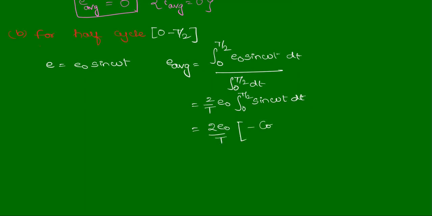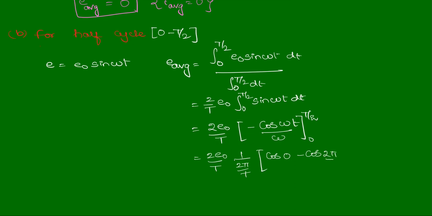It will be minus cos omega t by omega within the limits 0 to T by 2, so that it will be 2 E naught by T into 1 by omega, which is nothing but 2 pi by T. As the minus sign is there, first I will substitute the lower limit, minus the upper limit, so it will be 2 pi by T into T by 2.